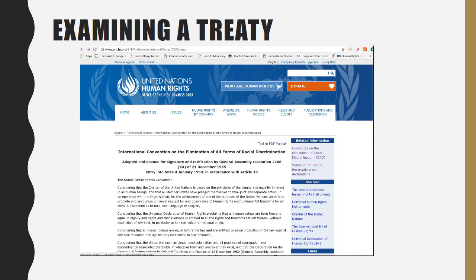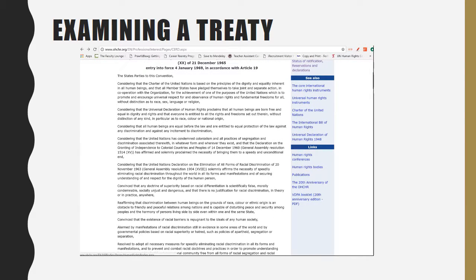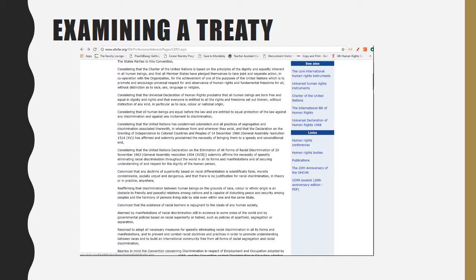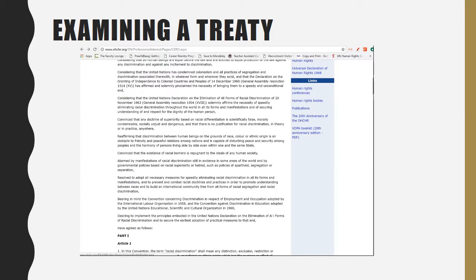On the website, what I notice is that it starts off with just some basic statements or declarations that relate to the state parties. It doesn't seem to have anything operative in it, but it is referring to historically important documents and events.